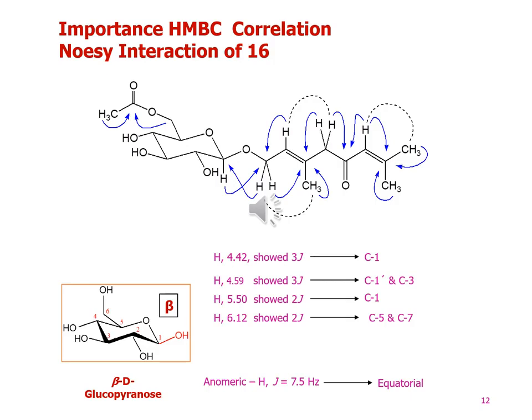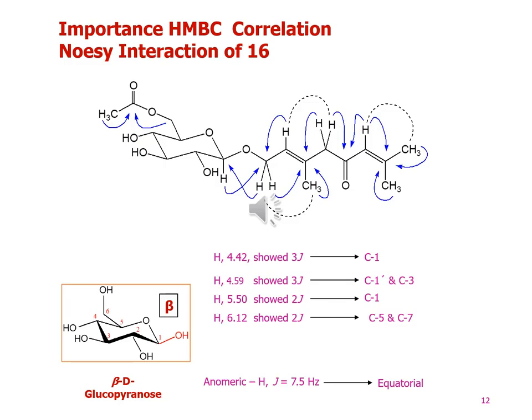The proton signal that shows at 4.42 showed 3J correlation with carbon 1, and the proton signal that resonates at 4.59 showed 3J correlation with carbon 1 prime and carbon 3. The proton that appears at 5.50 showed 2J correlation with carbon 1, and the proton that appears at 6.12 showed 2J correlations with carbon 5 and carbon 7.